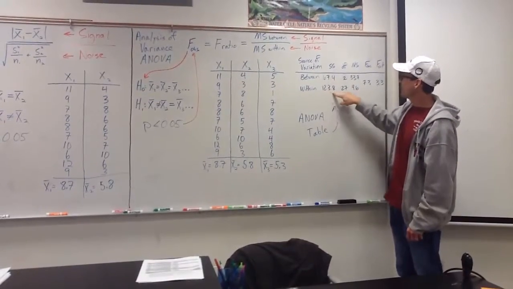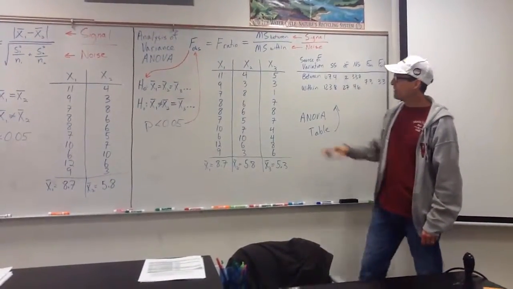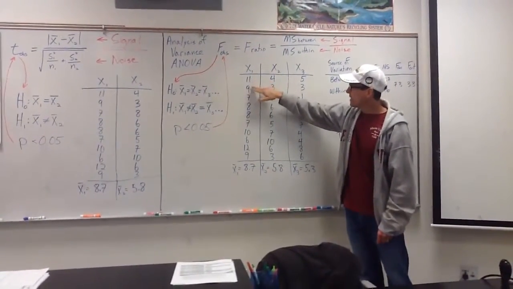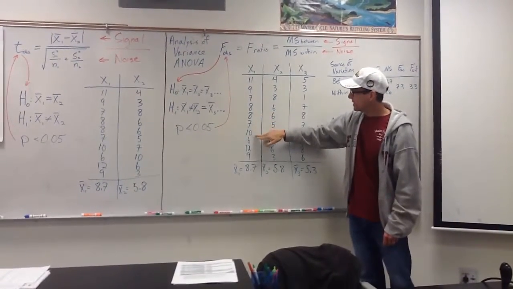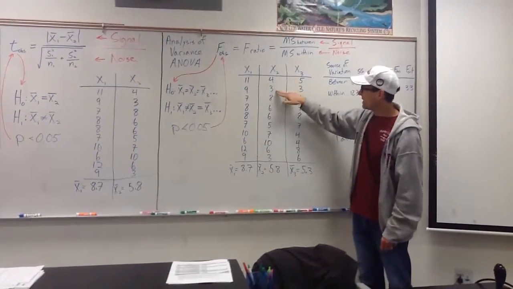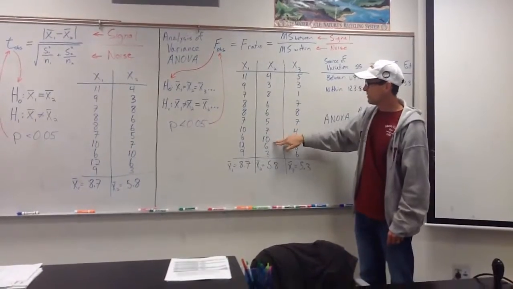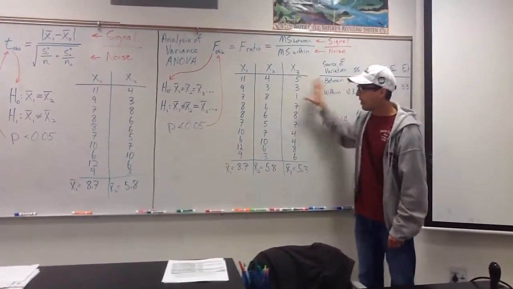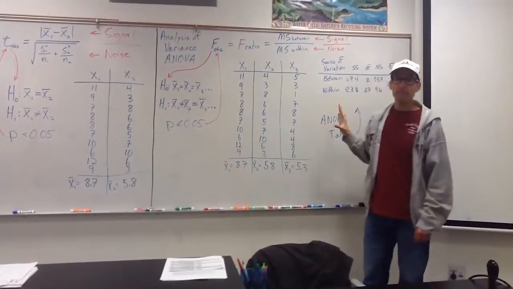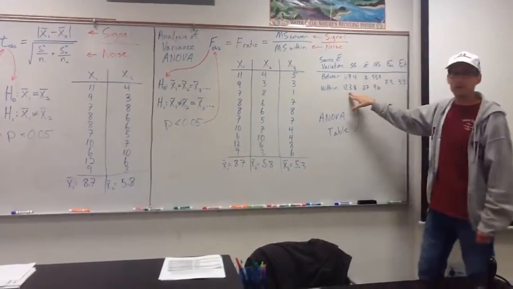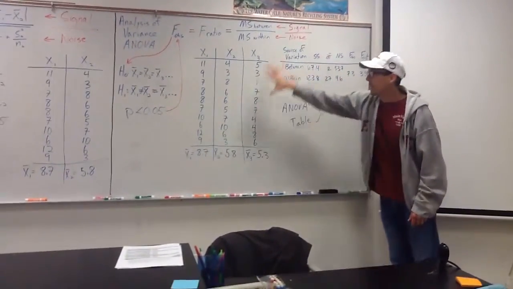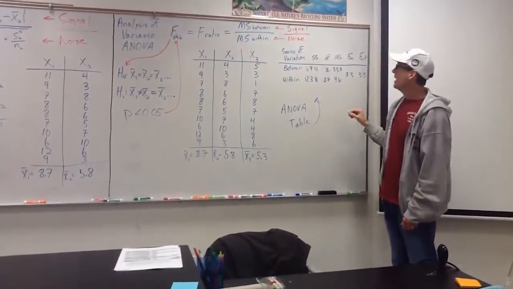The sum of squared differences within is, if I were to add up all of the squared differences for every single measurement in all three sets of data. If I add all of those up, then I can get the sum of squared differences within the entire set of measurements.